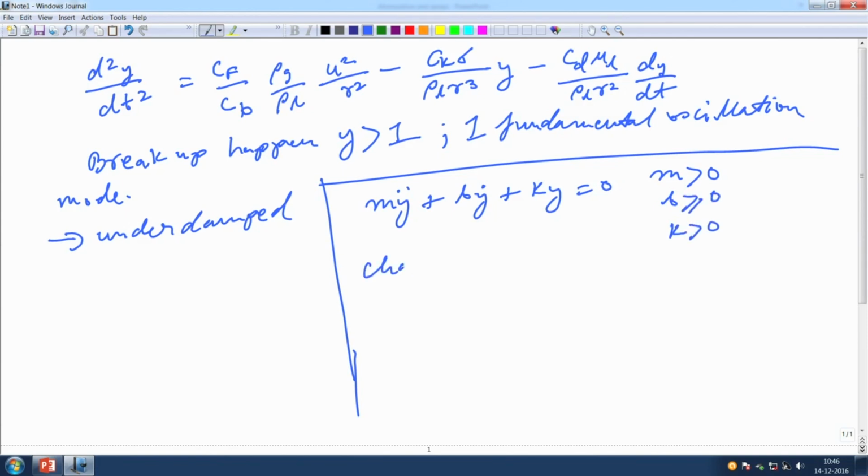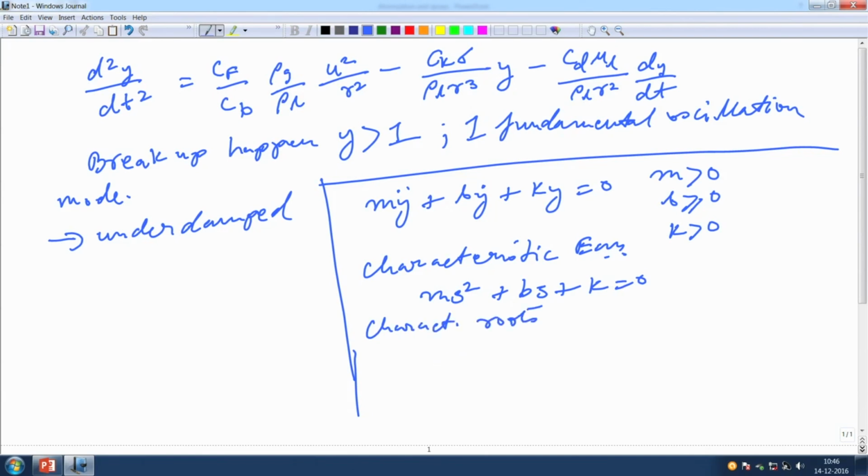The characteristic equation for this will be m s square plus b s plus k equal to 0. So, the characteristic roots will be minus b plus or minus the square root of b square minus 4 m k, divided by 2 m.